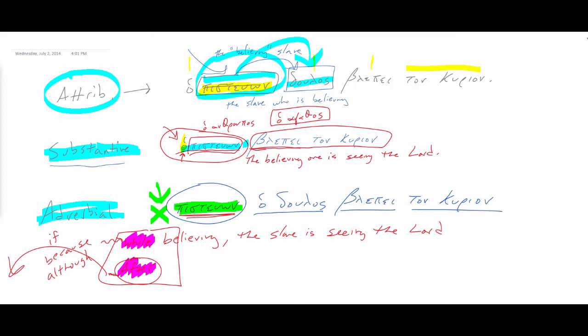Because in English, I suppose in this case, you could just say believing, comma, the slave is seeing the Lord. But in English, we normally provide more explicit connecting words like if, because, although, while, after. And so if we want our translation to sound like normal English and not biblish, a mixture of biblical language structure in English, then we're going to provide those little bitty connecting words.